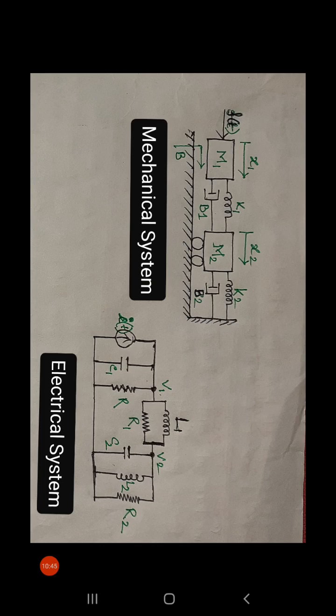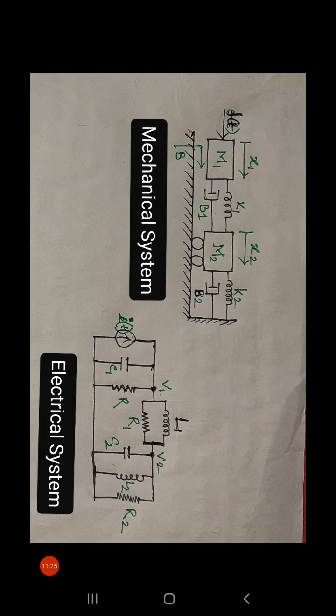Now coming to the spring constant K1 and viscous friction coefficient B1. These two elements, B1 and K1, are the common elements between mass M1 and mass M2. That means these two elements are between the nodes of the two mass elements.